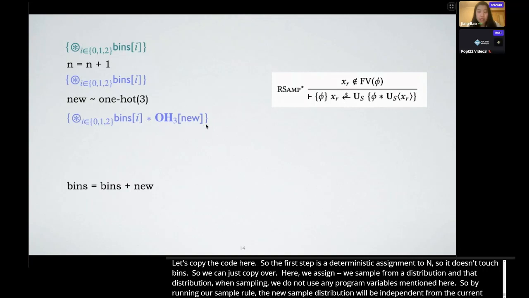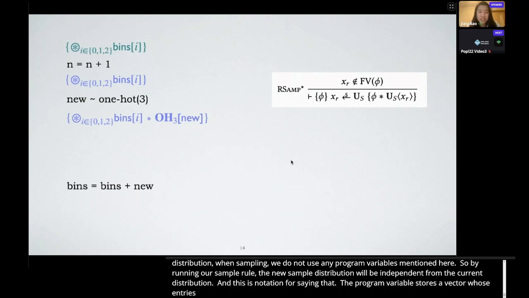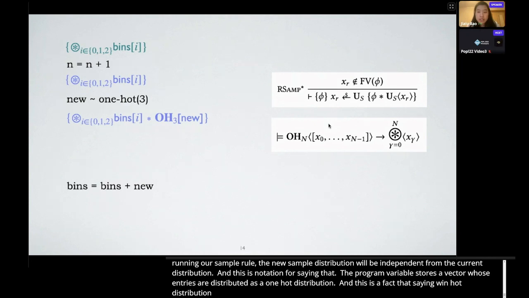And this is notation for saying that the program variable new stores a vector whose entries are distributed as a one hot distribution. And this is a fact saying entries in one hot distributions satisfy negative association, and we can encode that as an axiom in our logic.